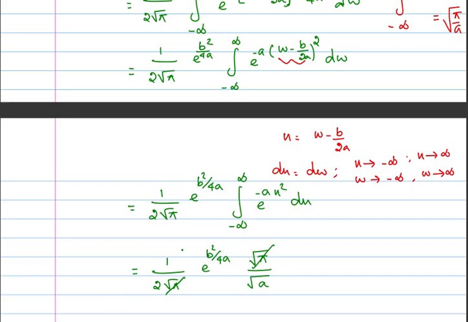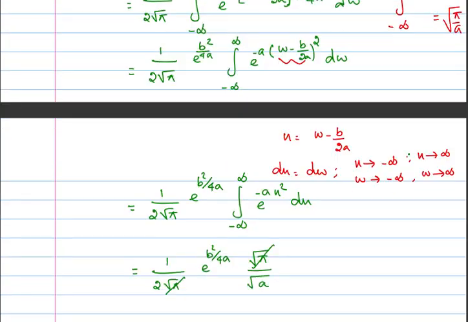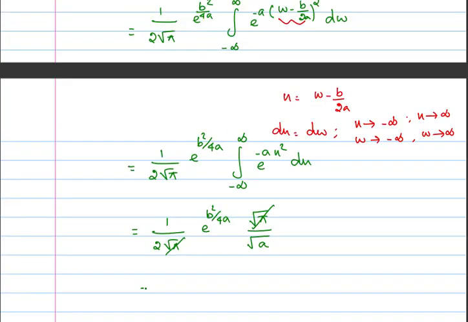So what is b? I took b as ix, and a equals 1 by 4 plus t.